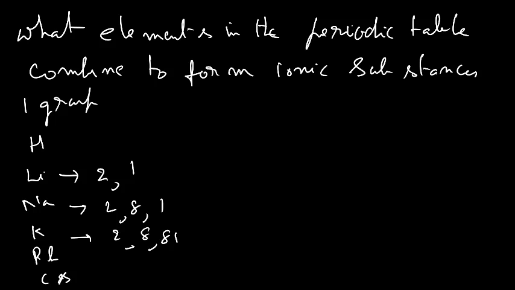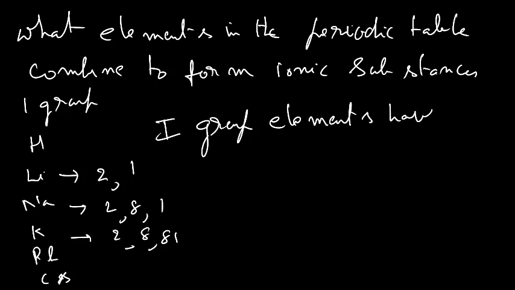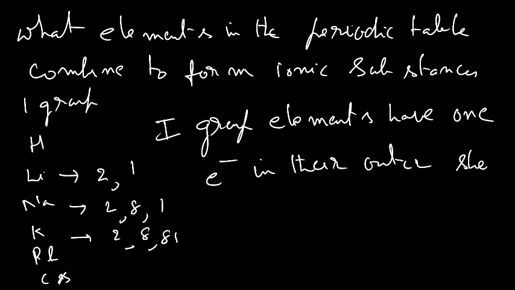So first group elements have only one electron in the outermost shell. Therefore, they lose their one electron and become unipositive ions, forming alkalis.